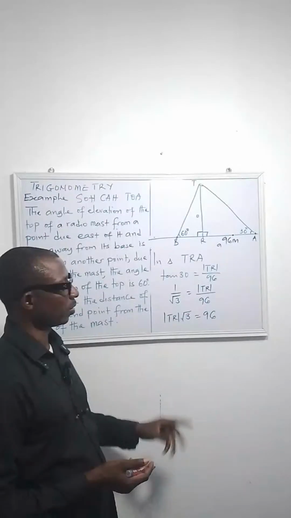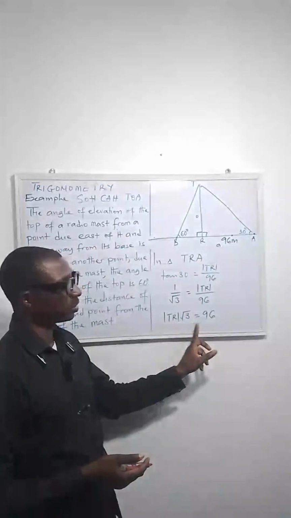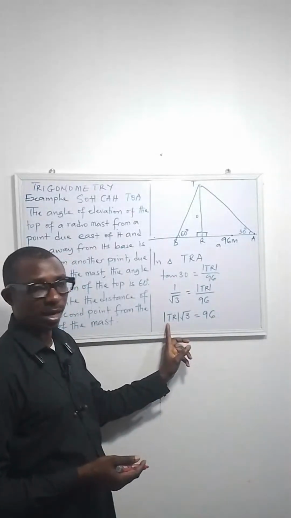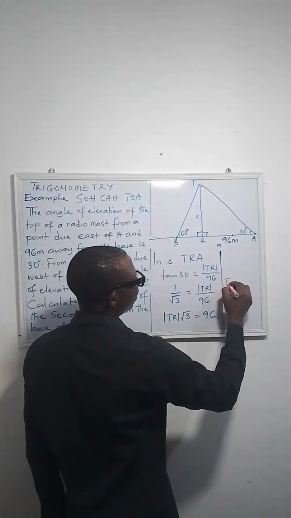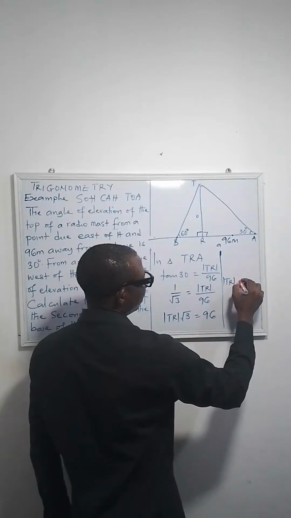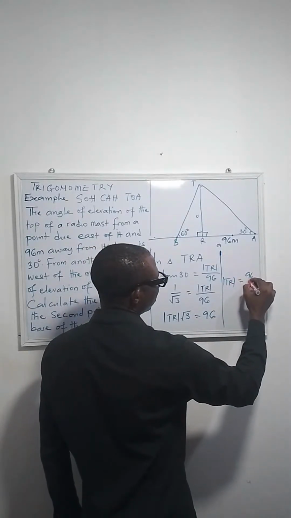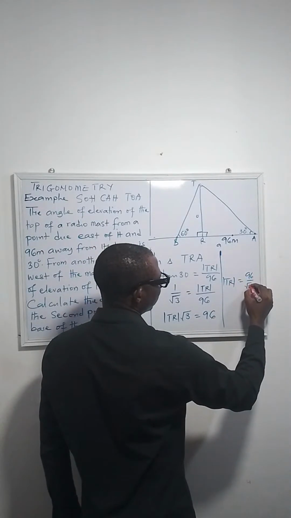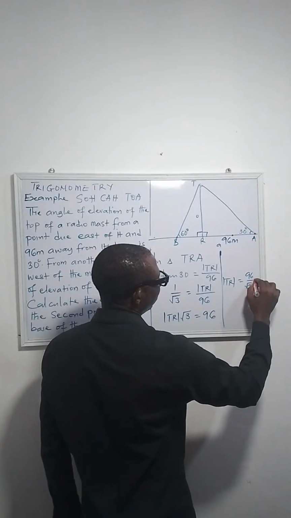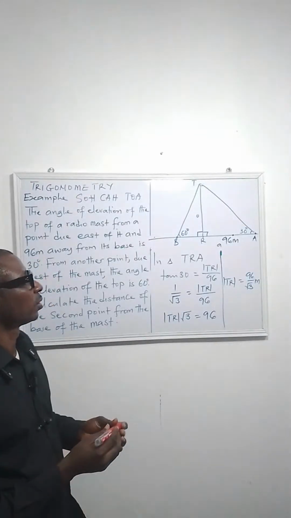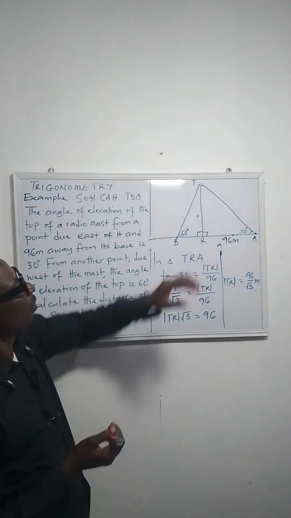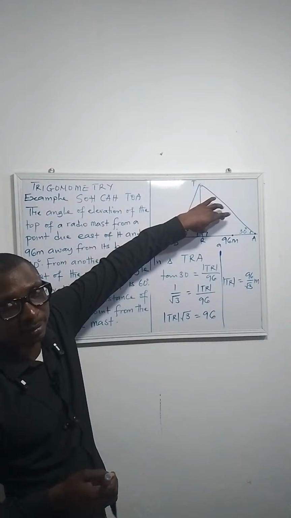Then you divide both sides by the coefficient of TR. So we have length TR equals 96 over square root of 3 in meters. So we now have the height.